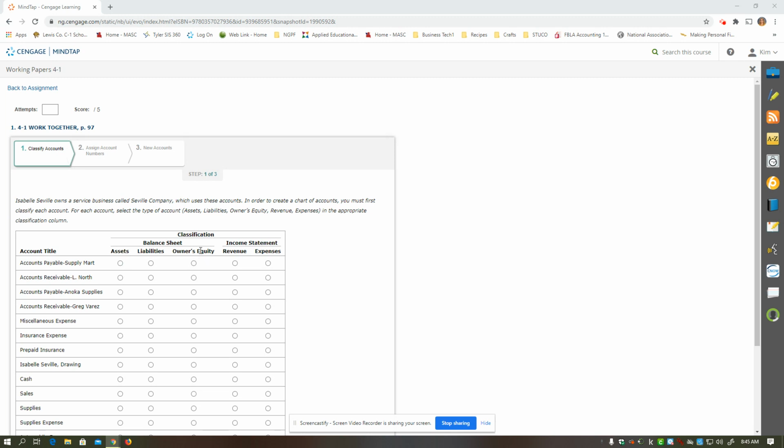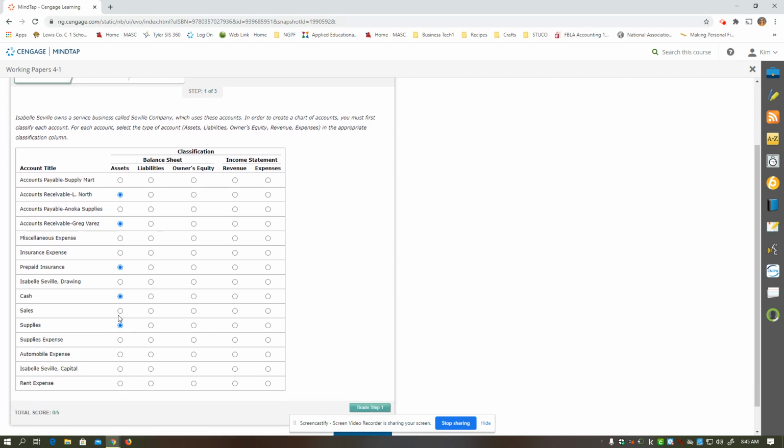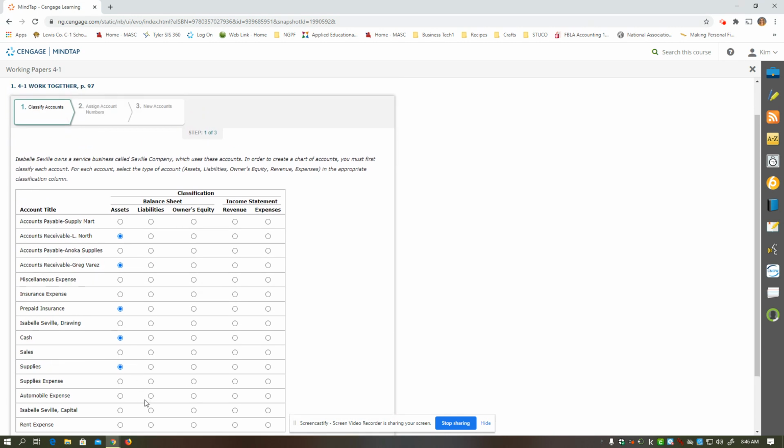Then you have to sort them if they're assets, liabilities, or owner's equity. So assets are things like prepaid insurance, cash, supplies, accounts receivable.